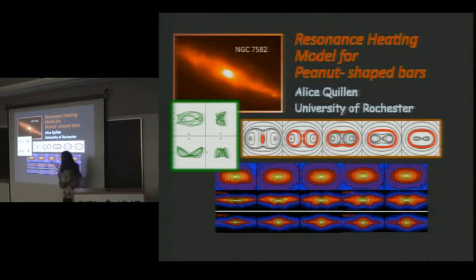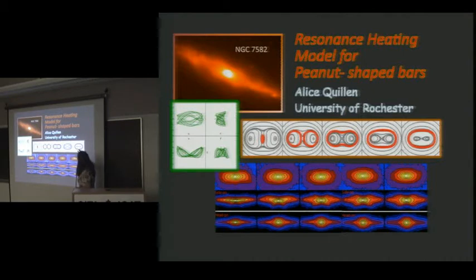So how do you explain this? One way is to think about global instability, and so people talk about buckling instabilities. Another way is to think about the orbits, and this shows you one type of orbit that might be important in this buckling, not in this peanut shape.